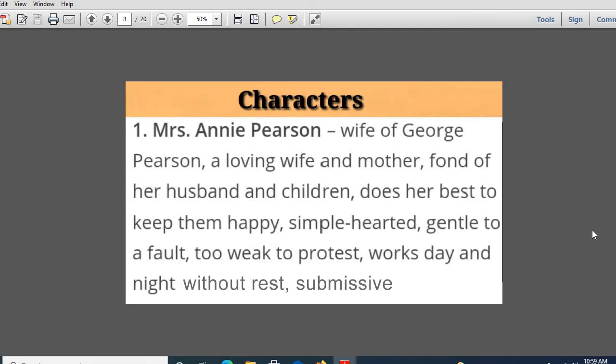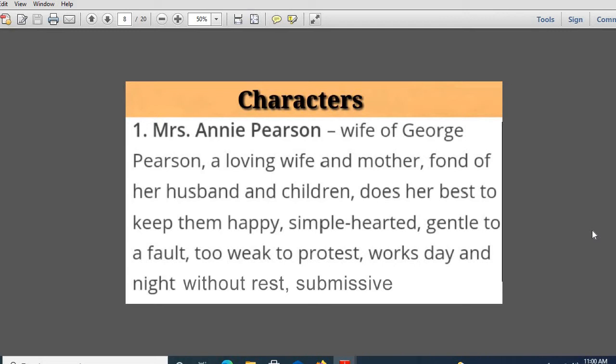She was neglected by her family members, by her husband, by her children, and of course day in and day out she does her best to keep them happy. But ultimately, in order to make them happy, she ruined her own happiness. Am I clear to all of you?